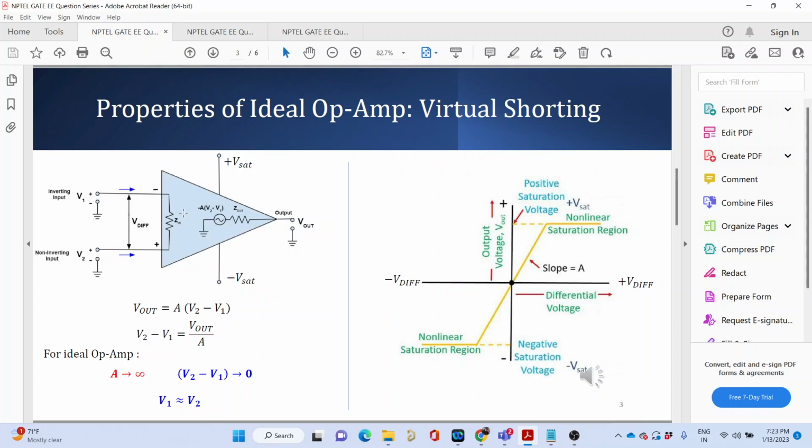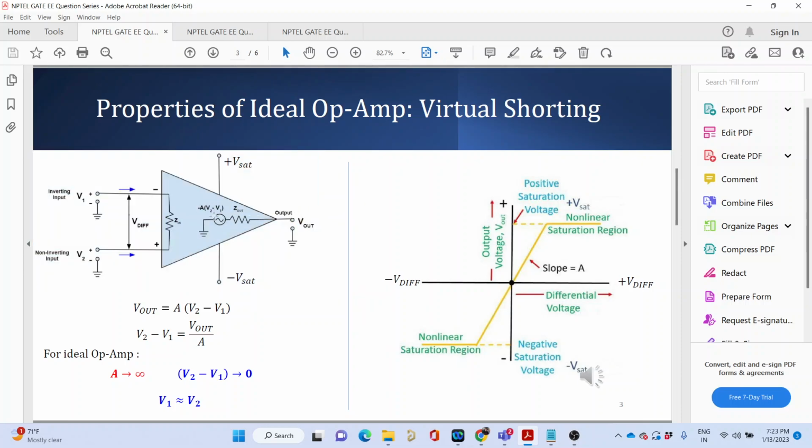So that is how we say that the op amp is offering high input impedance, so the current drawn by it is almost tending to 0. At the output terminal there is an impedance Zout which is very low. Why do we want the output impedance to be very low? Because if the output impedance is high, then most of the voltage drop would appear across this Zout, and the output voltage you would get is very low. So what we want is this output impedance to be very low.